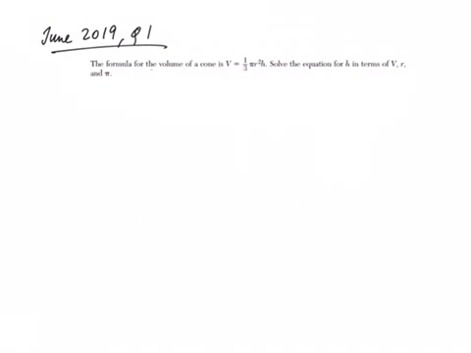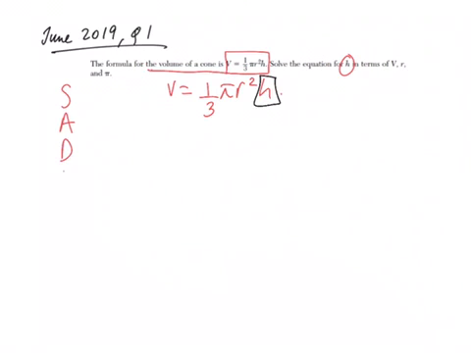Okay, the formula for the volume of a cone is V is equal to 1/3 pi R square H. Solve the equation for H. So that's what we are looking for. Again, let's use SADMAP. So we see division, the opposite is multiply.